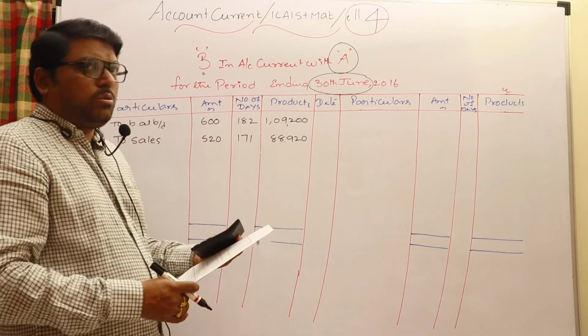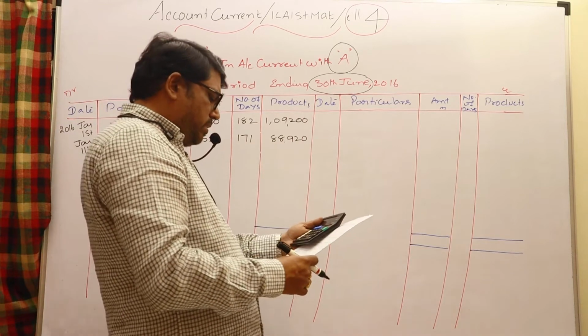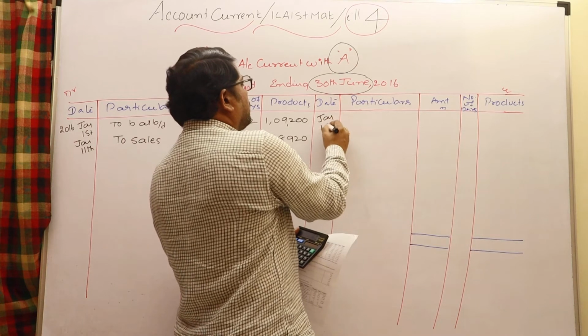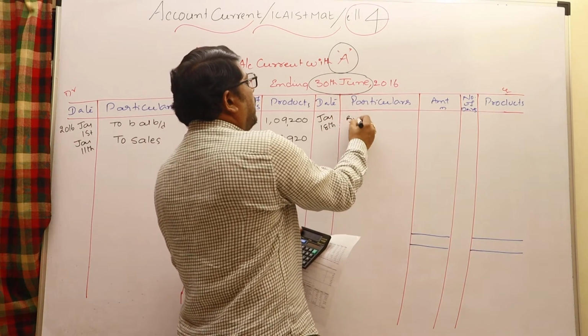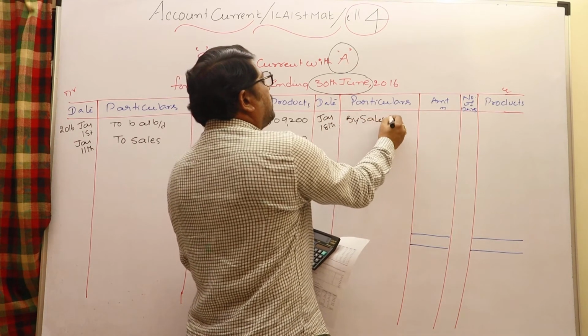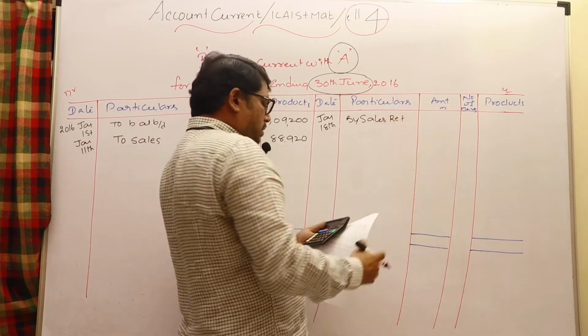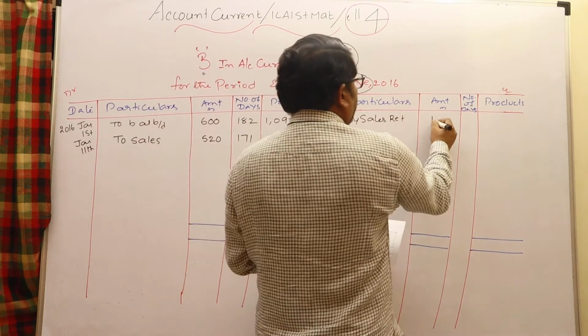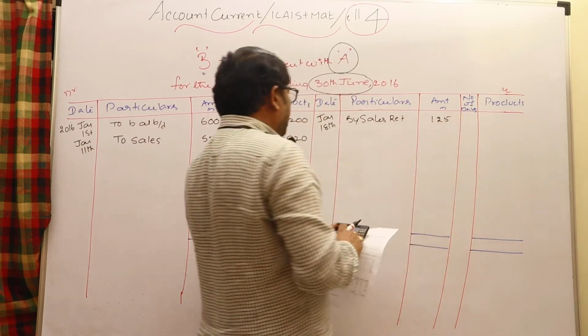B returned goods on January 18th. Entry: sales return account debit to B. In B's account, by sales return, January 18th, by sales return, amount is 125. Let us take the number of days.